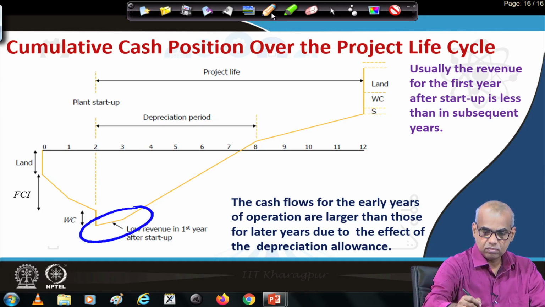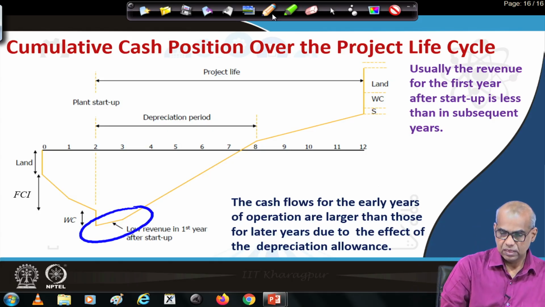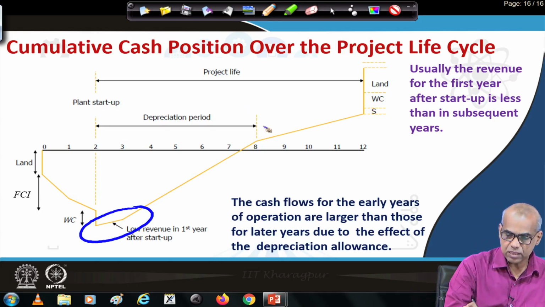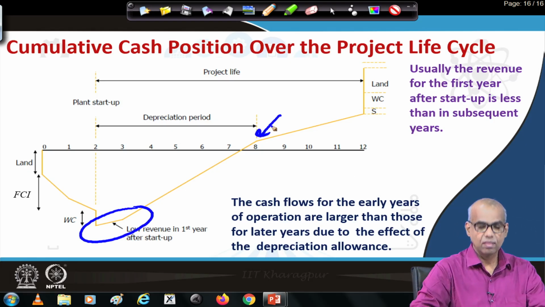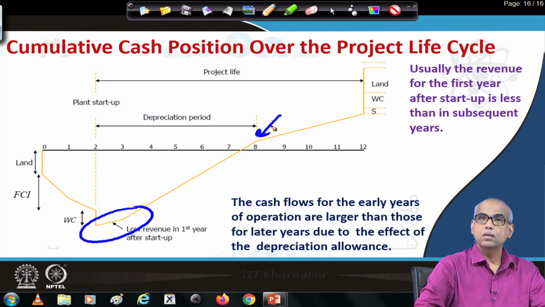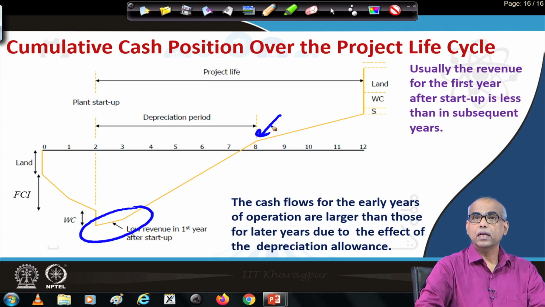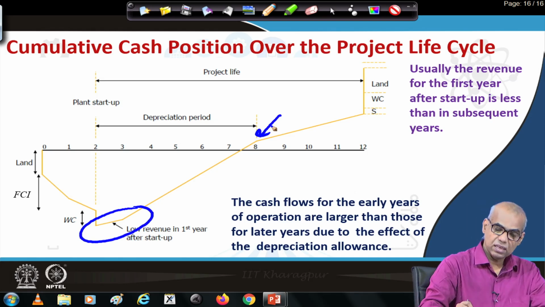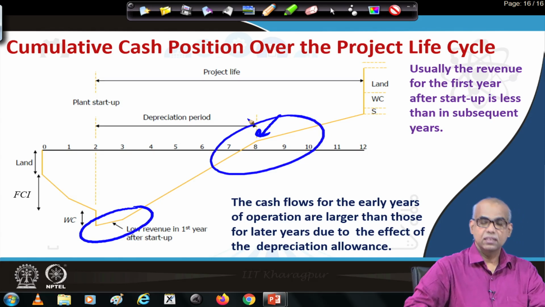So, at this time you have completely recovered the capital investment, that means depreciation stops here, and that is why you see another change in the slope of the cumulative cash position.